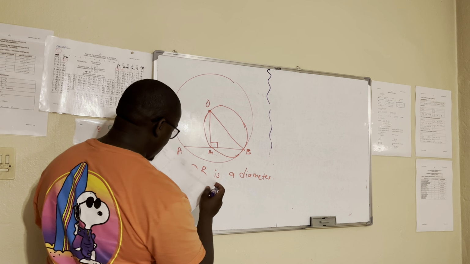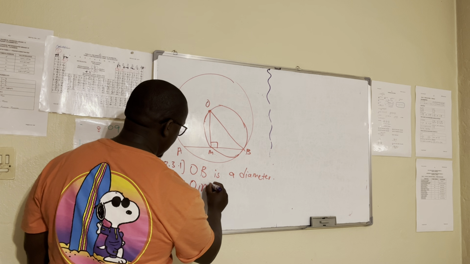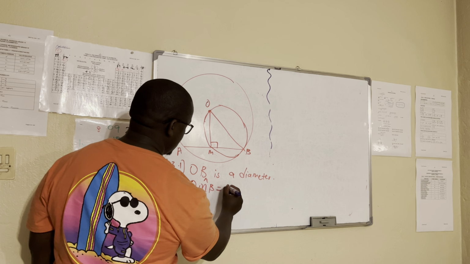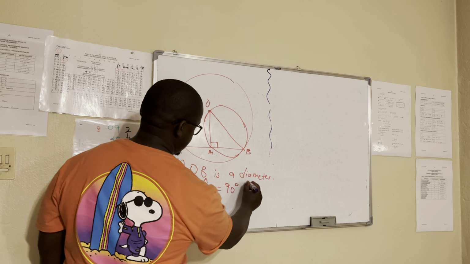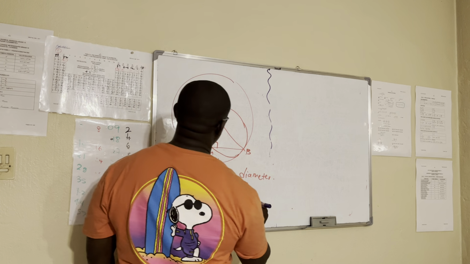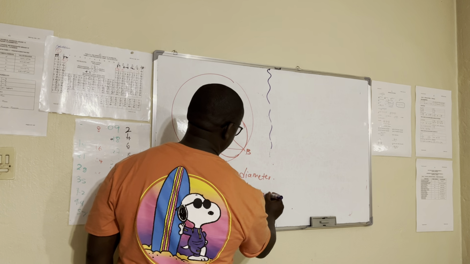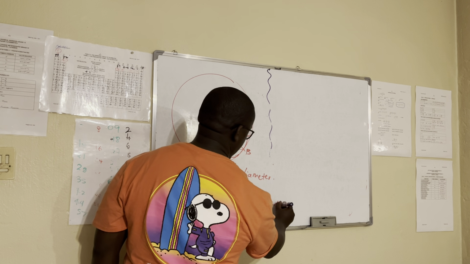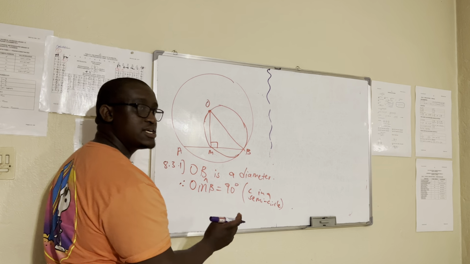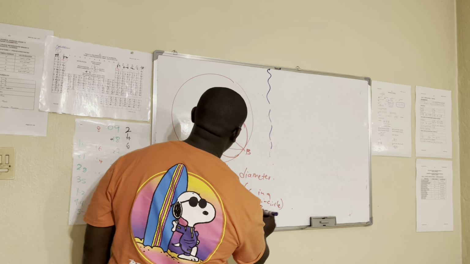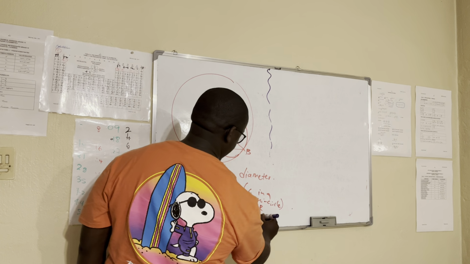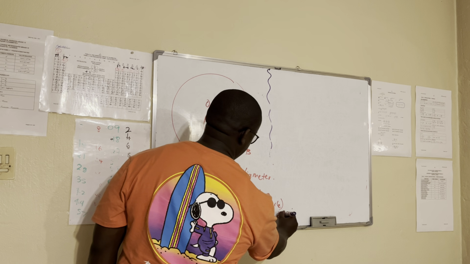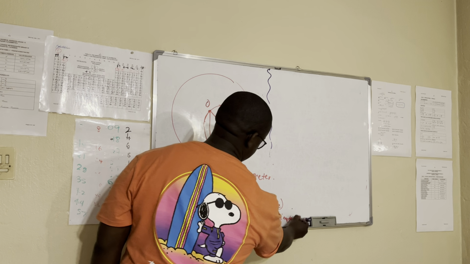Provide a reason why. Okay, angle OMB is then equal to 90 degrees, reason being angle in a semicircle. You can say this next, or you can say OB is a diameter.